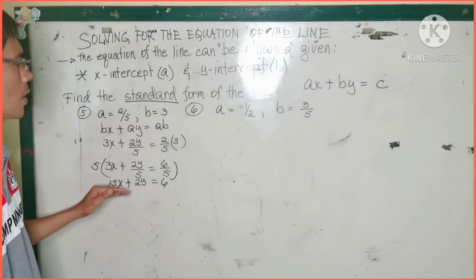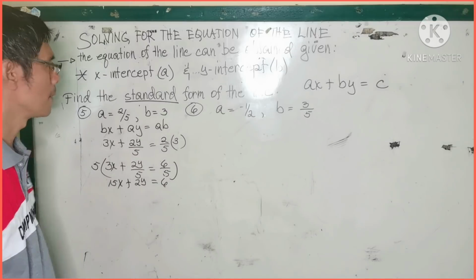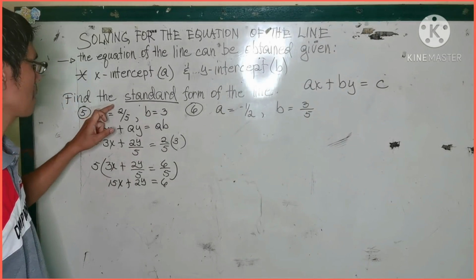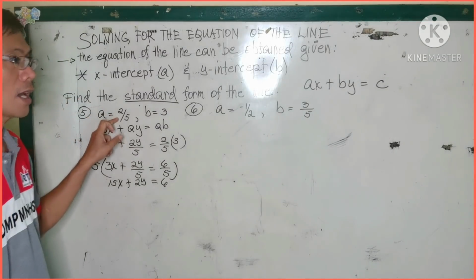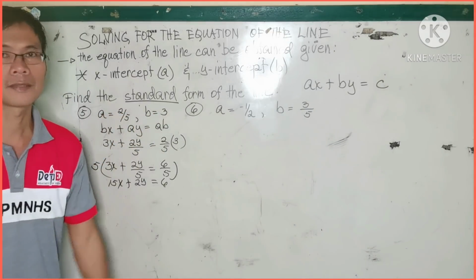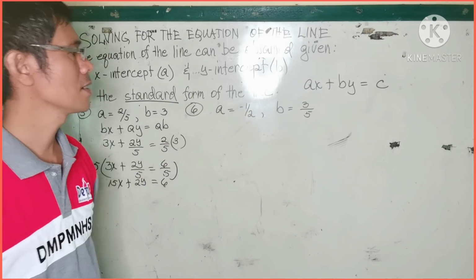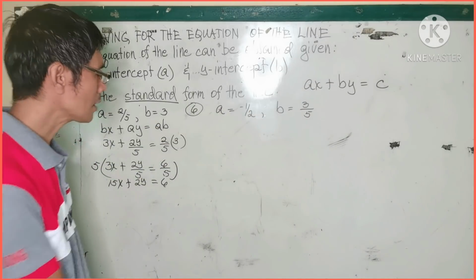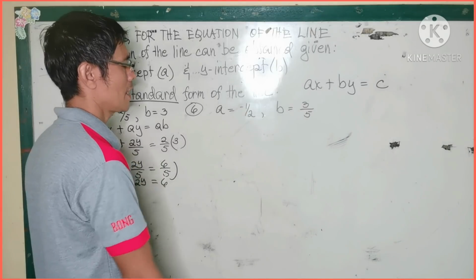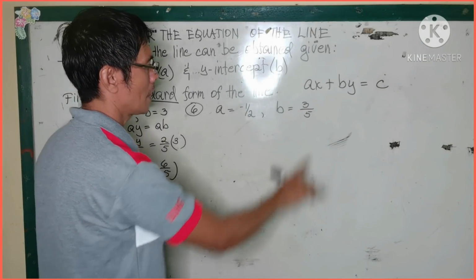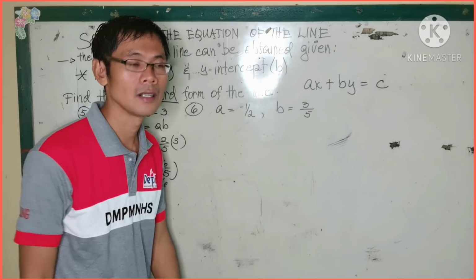So that's now the equation of the line in standard form with x-intercept of 2 over 5 and a y-intercept of 3. Okay? Let us try to consider this also. The x-intercept is negative 1 over 2 and the y-intercept is 3 over 5.